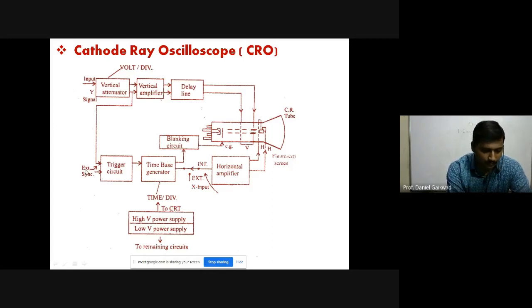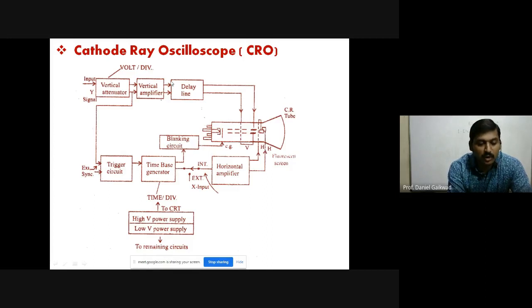Now check carefully the second part, that is the external sync. The external sync signal is taken from the vertical attenuator and given to the trigger circuit. From the trigger circuit, the signal goes toward the time base generator. From the time base generator, we have the blanking circuit and the horizontal amplifier. The time base signal is given to the blanking circuit as well as to the horizontal amplifier, and from the horizontal amplifier it is connected to the horizontal deflection plates.